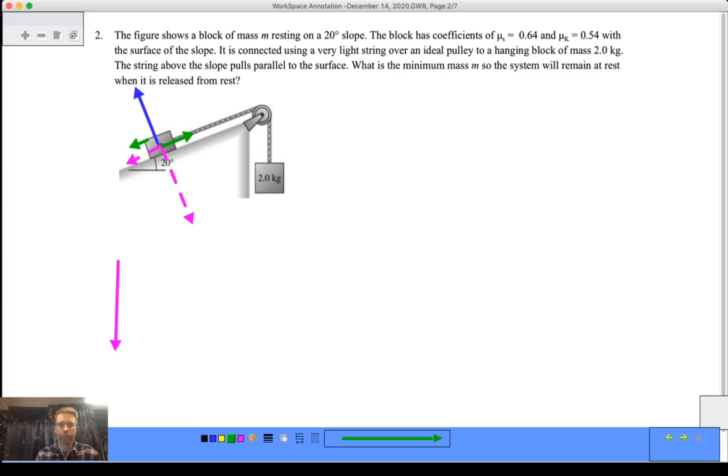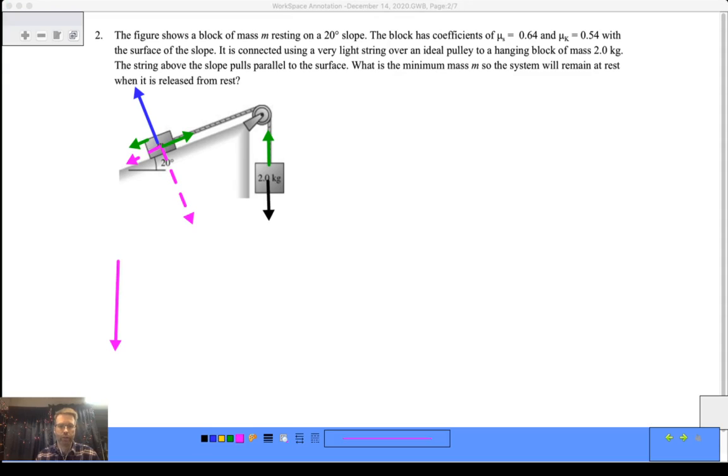The opposite end of our tension is over here on the 2 kilograms, so those two will match. And the last force I'm going to draw is the weight of the 2 kilogram mass going down.